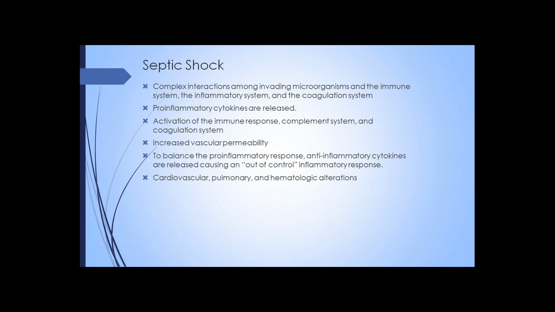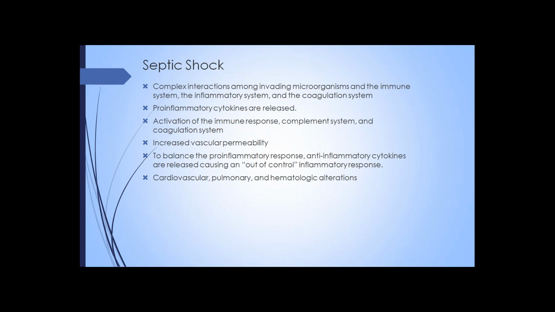But please remember that the body becomes out of control in that inflammatory response because not only are we releasing anti-inflammatory cytokines, we're also producing and releasing pro-inflammatory response chemicals, mediators, okay?